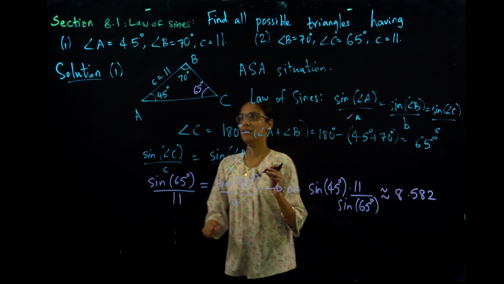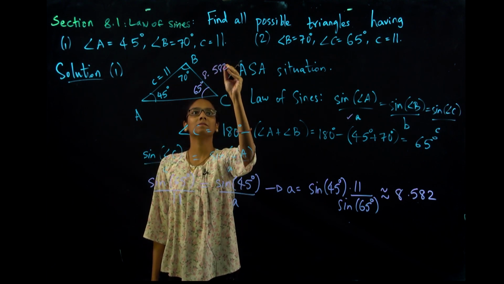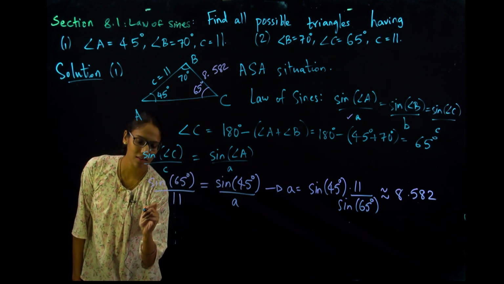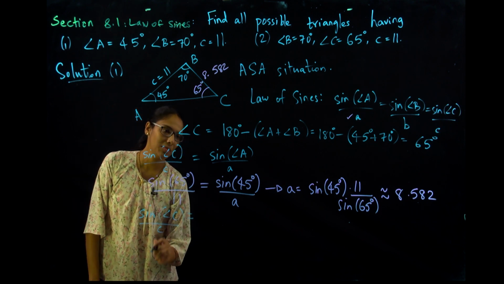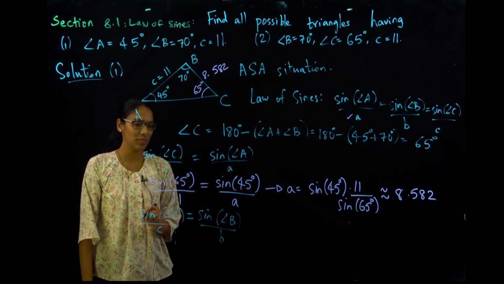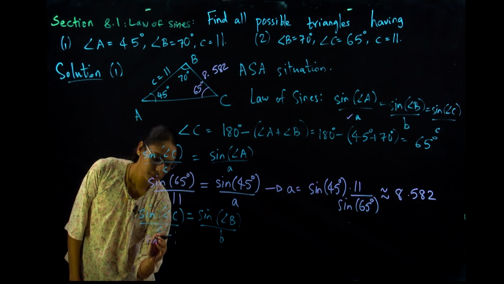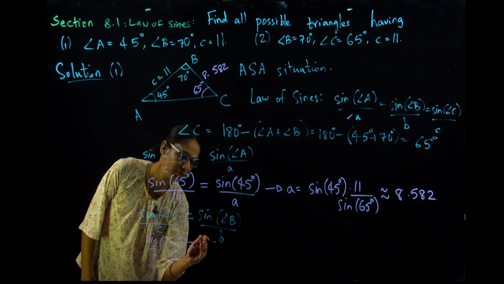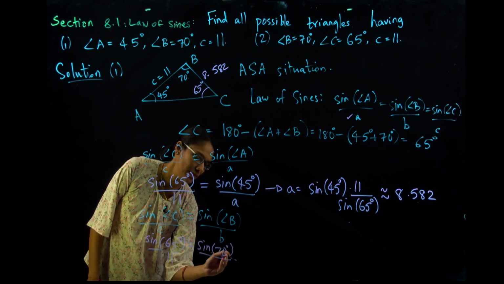Now the last thing left to do is to figure out side B. So use the same thing, law of sines, to get side B. Again, we are using sine of angle C by little c equals sine of angle B by little b. And this ends up being sine 65 degrees by 11 equals sine of 70 degrees by little b.